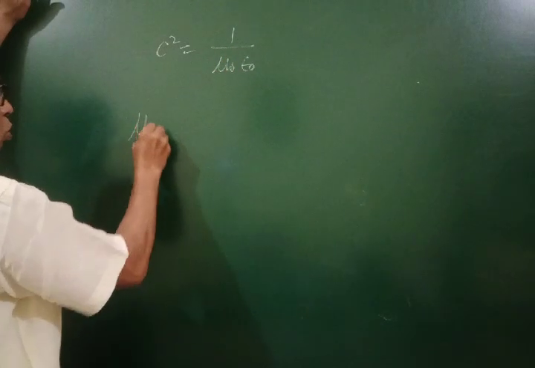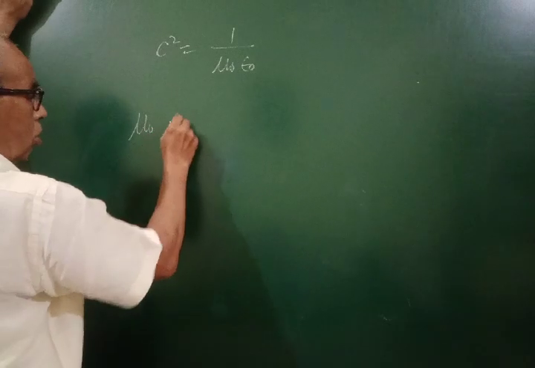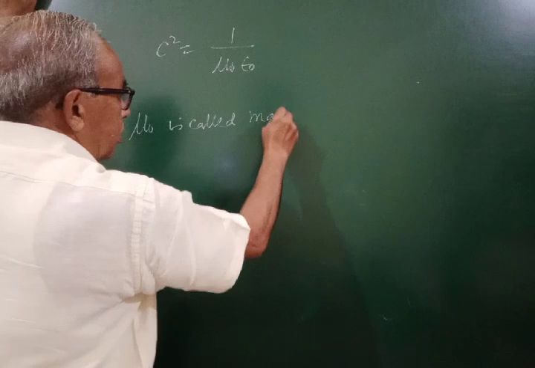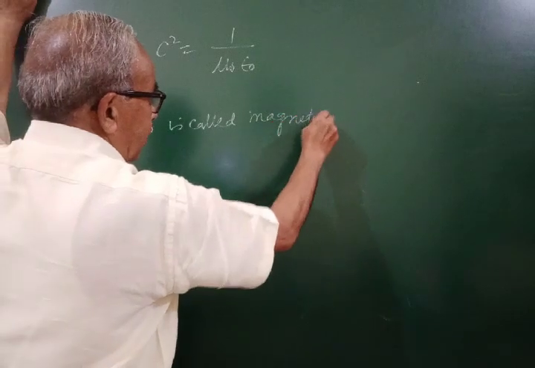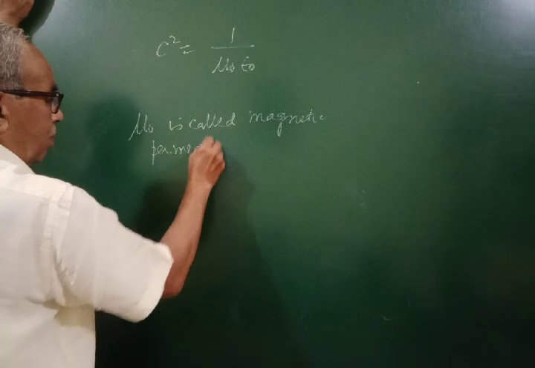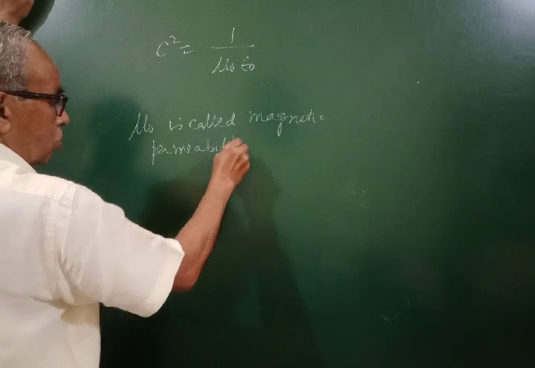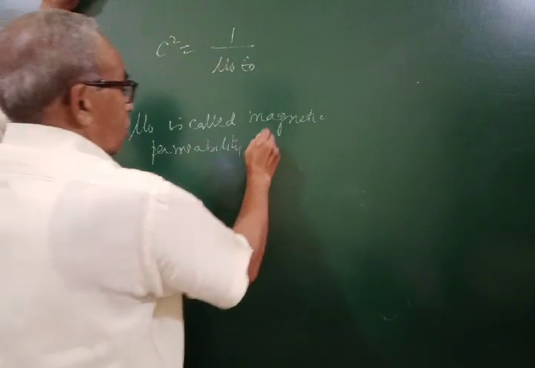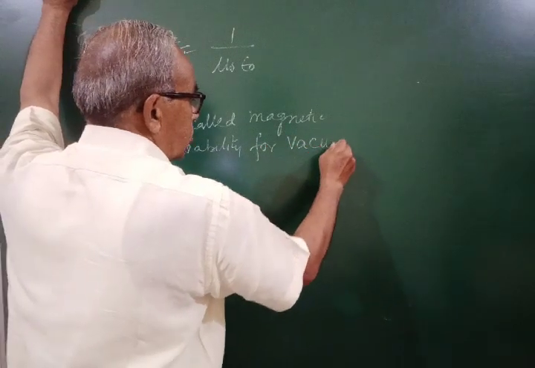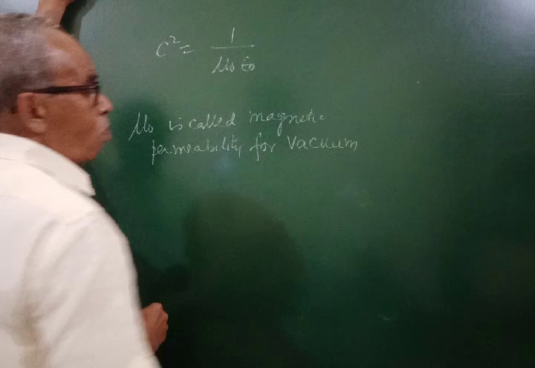Here μ0 is called magnetic permeability of vacuum. Generally students write the wrong spelling of vacuum.